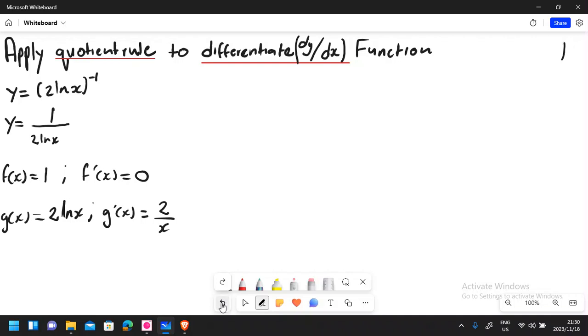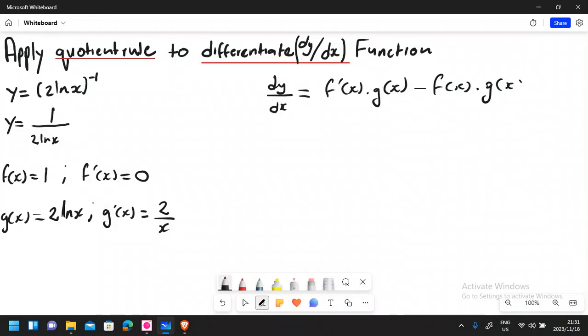Okay, all right, now it's time for us to use the quotient rule formula. So let's do it. We know that dy over dx is going to give us, the formula goes like this: the derivative of f of x multiplied by g of x, minus f of x multiplied by the derivative of g of x.